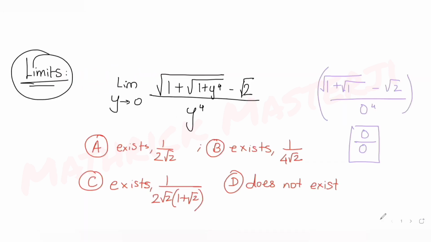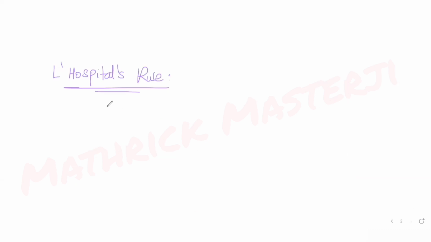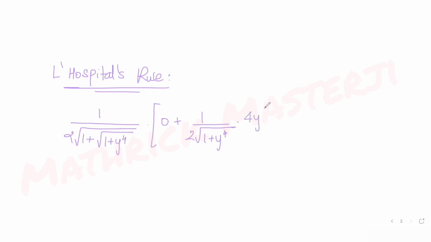The derivative of root of (1 plus root of (1 plus y^4)) is 1 upon 2 root of (1 plus root of (1 plus y^4)) into the derivative of 1 plus root of (1 plus y^4). The derivative of 1 is 0, plus the derivative of root of (1 plus y^4), which is 1 upon 2 root of (1 plus y^4) into the derivative of 1 plus y^4, which is 4y cube, minus the derivative of root 2 which is 0, the whole thing divided by the derivative of y^4, which is 4y cube.